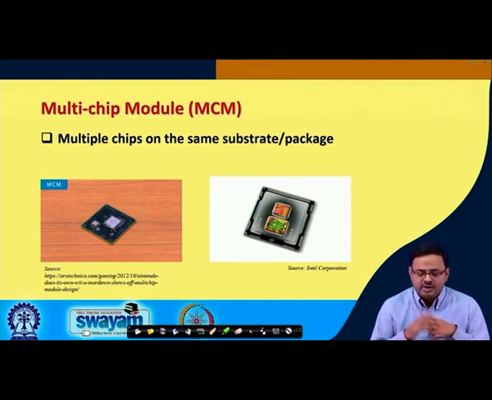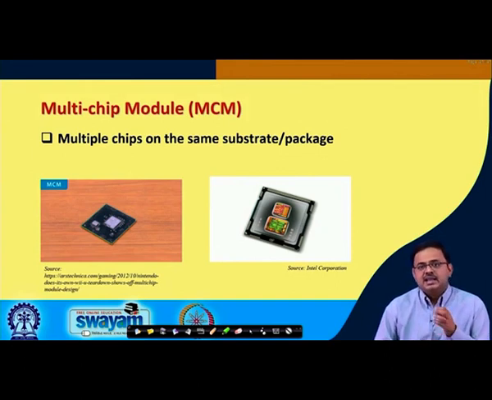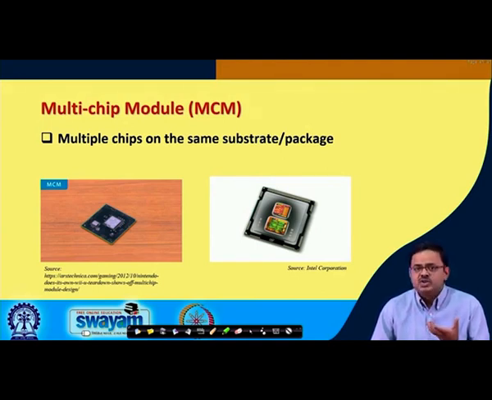All right. On the right hand side is an Intel MCM. What you see here is not a picture, it is a rendition, but this is actually how it looks. Of course, if you look from the top, this is a substrate with an integrated heat spreader on top.